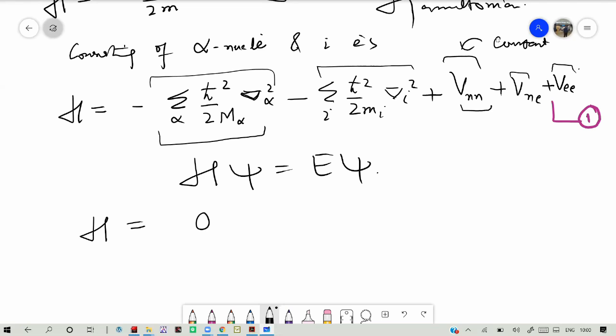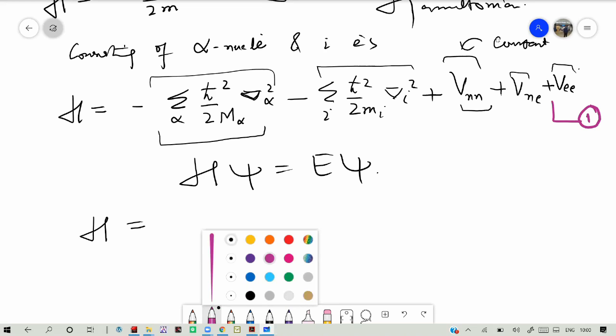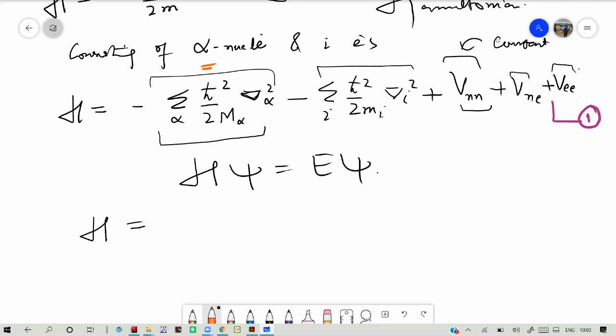Because this is equal to 0 when we assume that the nuclei are fixed, and this term remains constant, we are left with the Hamiltonian for the electronic part, the Hamiltonian for the electrons, and let that be He.